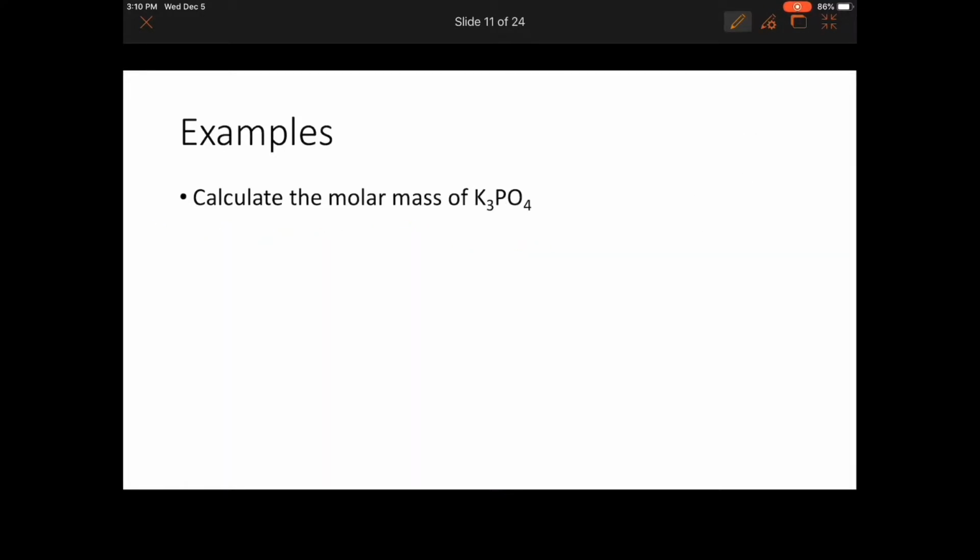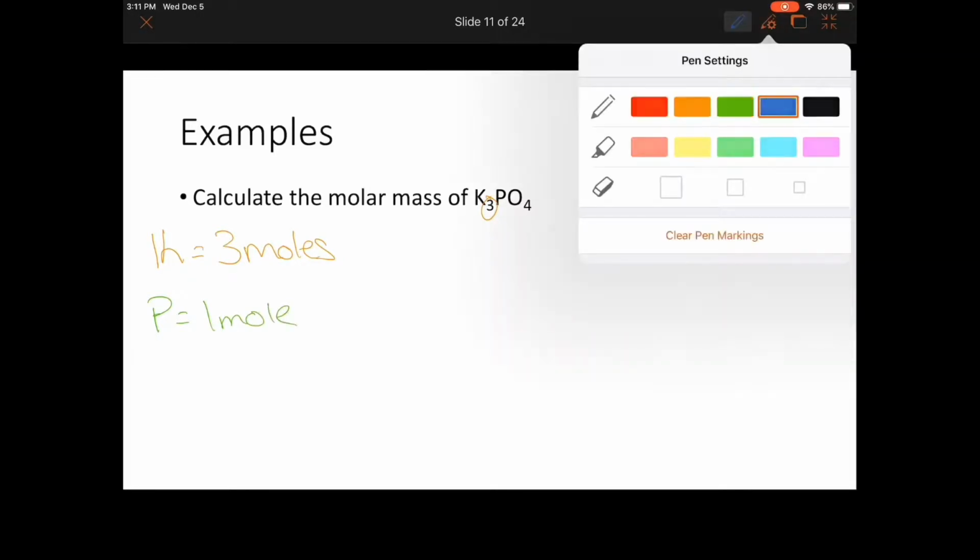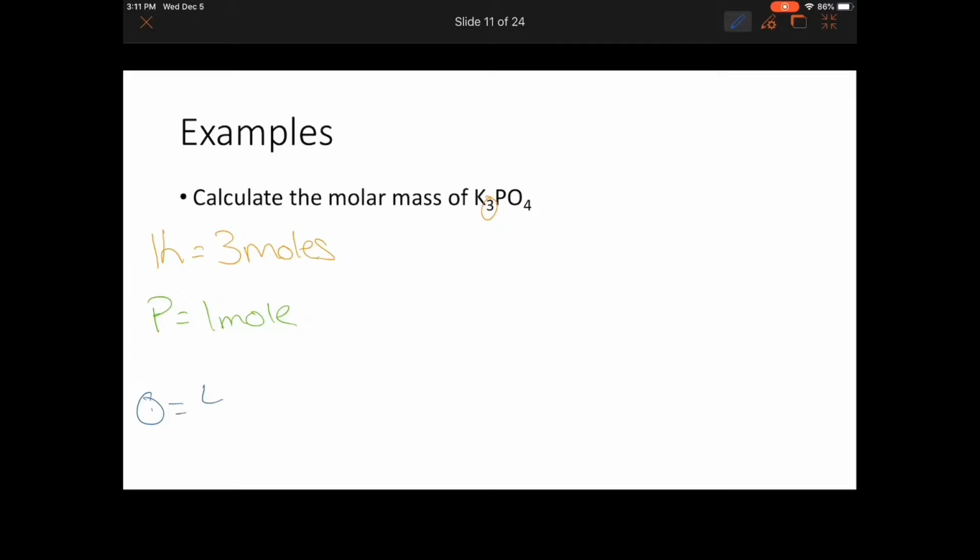All right, let's try another example. This time we have potassium phosphate. First steps first, we're going to identify how many moles we have. And it looks like here we have 3 moles of potassium. We have 1 mole of phosphorus and 4 moles of oxygen.